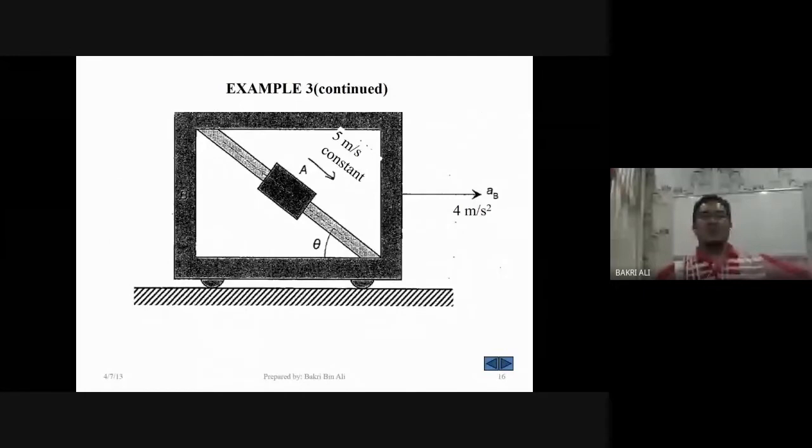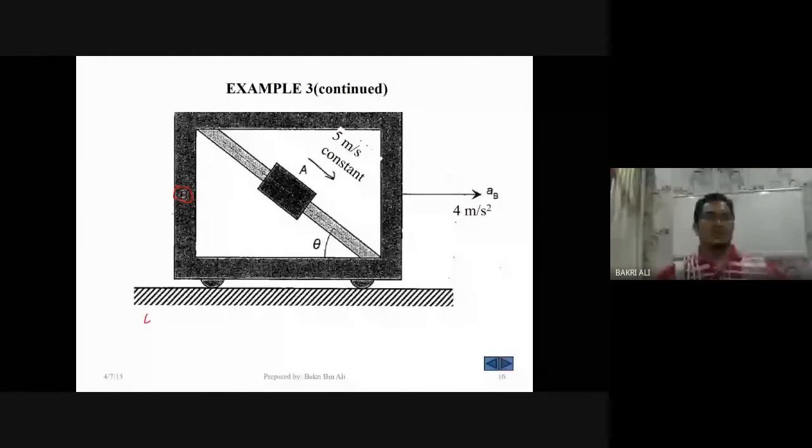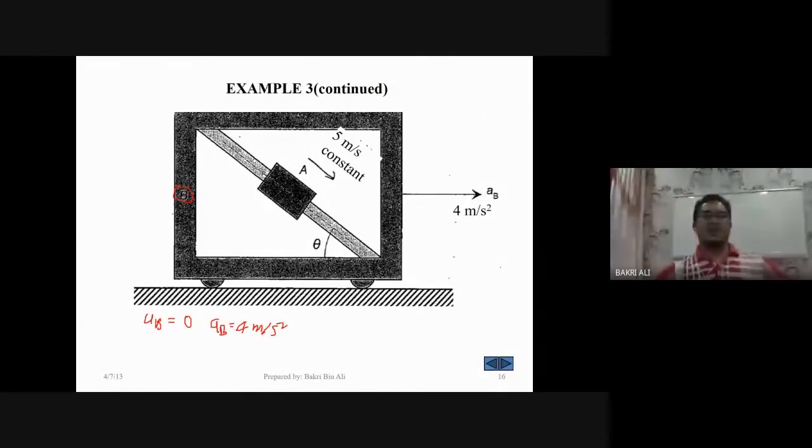This is a frame, frame B. Frame B moves on a flat surface at a constant acceleration of 4 meters per second squared, starting from rest, so UB equal to 0. Okay, so AB is 4 meters per second squared constant, starting from rest.